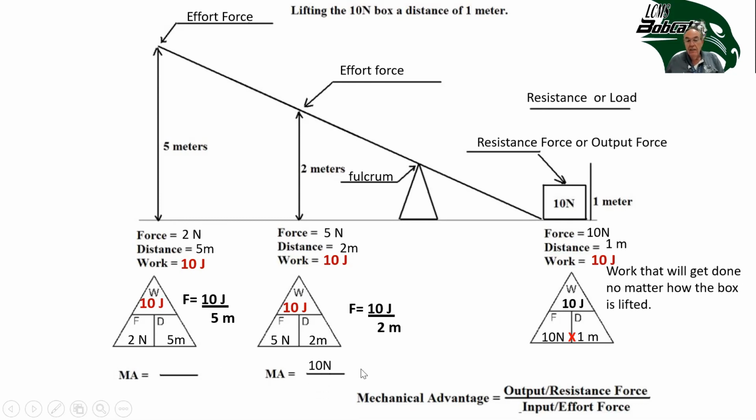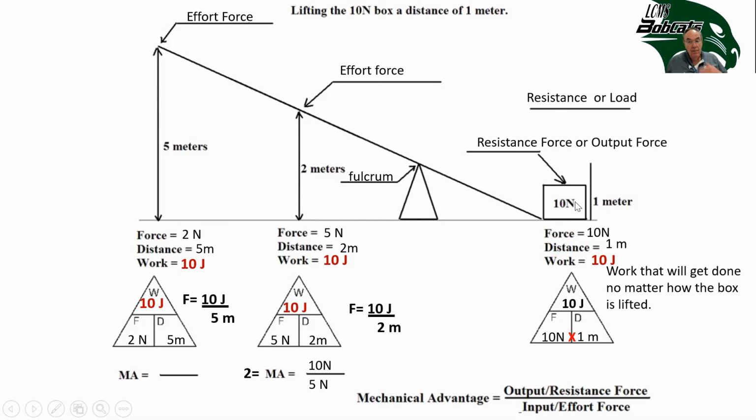So in the first case, the mechanical advantage, what I get done is lifting 10 newtons, and I get that done by putting in only 5 newtons of force. So the newtons cancel, 10 divided by 5, the mechanical advantage is 2. Now in this case, what I get done, mechanical advantage is the output or the resistance force.